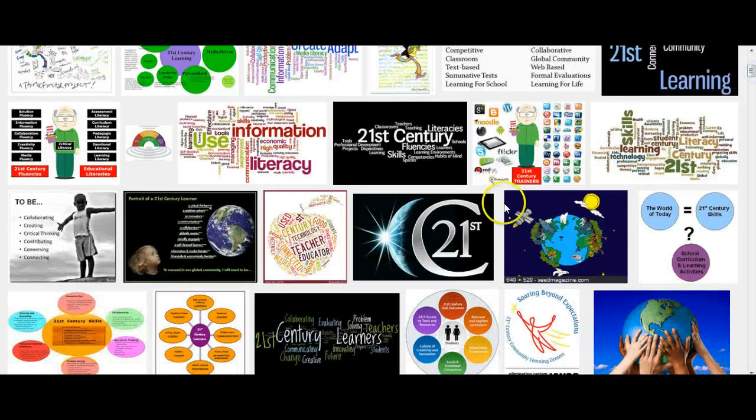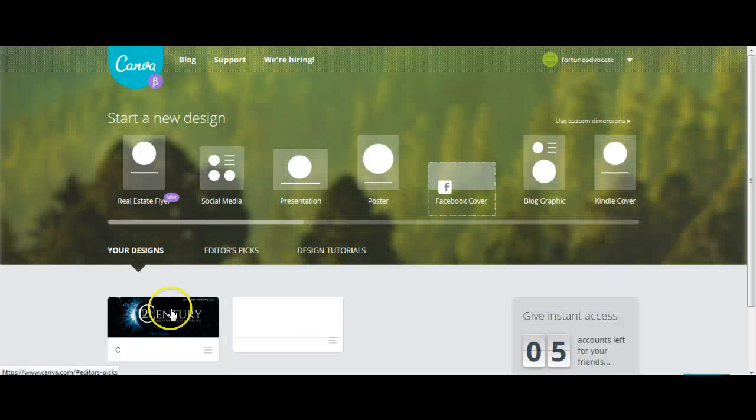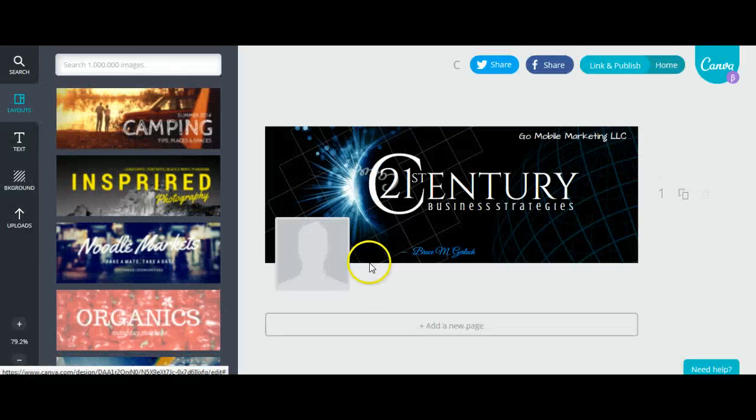So I scroll down, and there it is, guys. I mean, it's not exact. I like mine better, as a matter of fact, but this is what I saw that made me create this image right here. There it is, 21st century. Pretty cool, right?